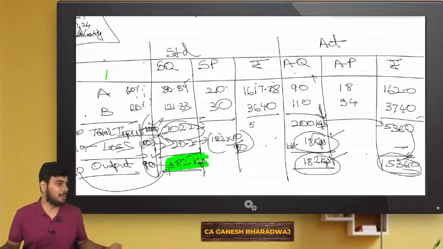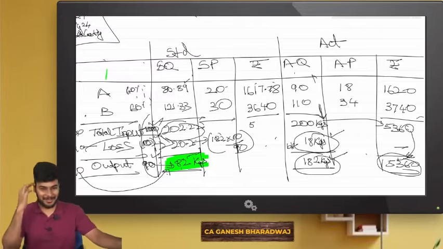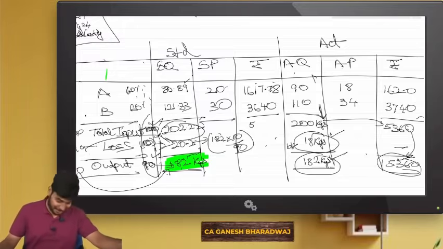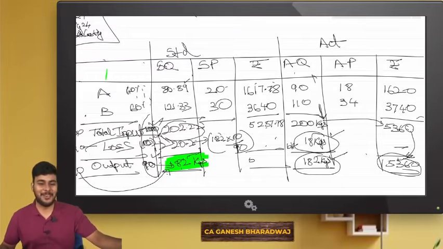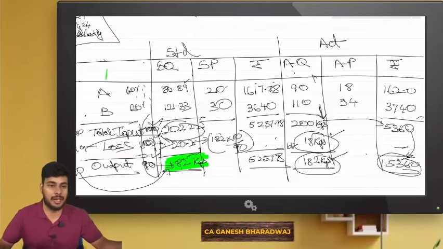Sorry, okay, how much exactly is that? 0.9999. If you round off, okay fine, if you want you can keep that, no problem. How much is that? 5257.78. Right. So 5257.78 is the total cost that you should have incurred.